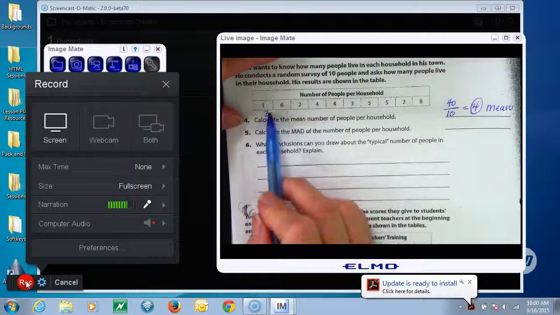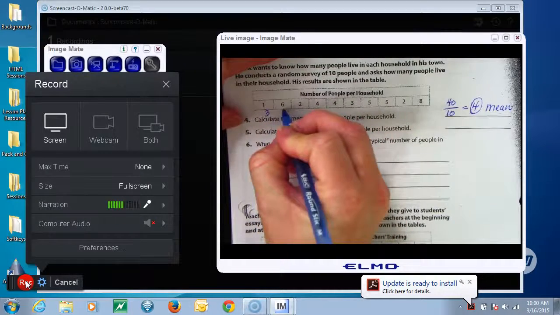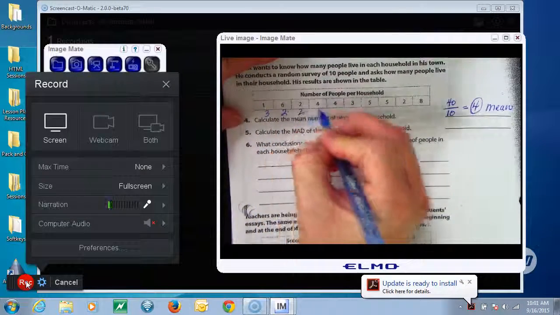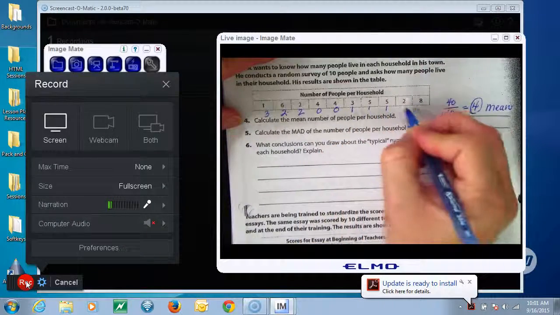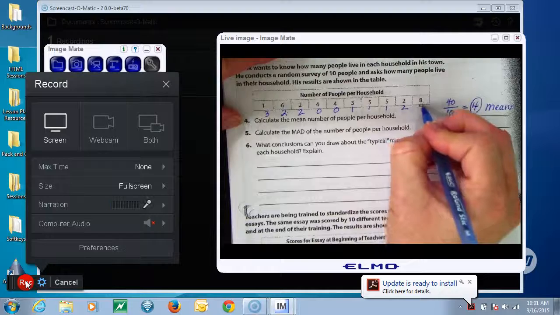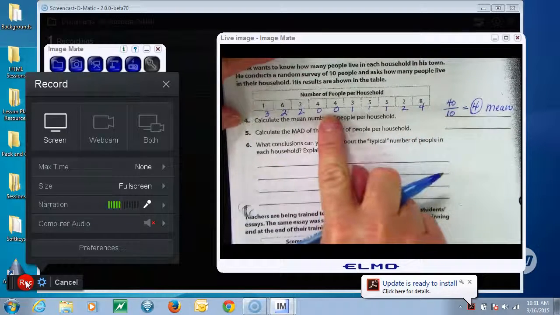Okay. We got 3. Now tell me the rest of the numbers. 2, 0, 0, 1, 2, 4.